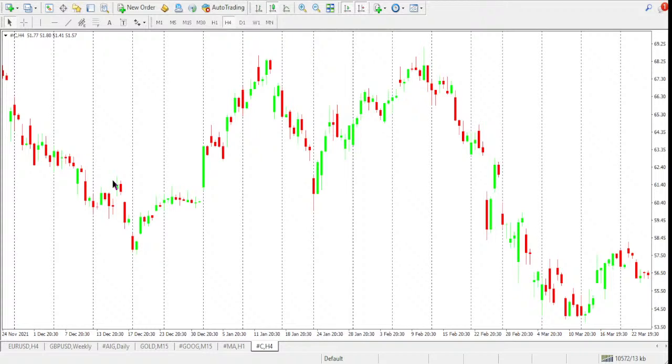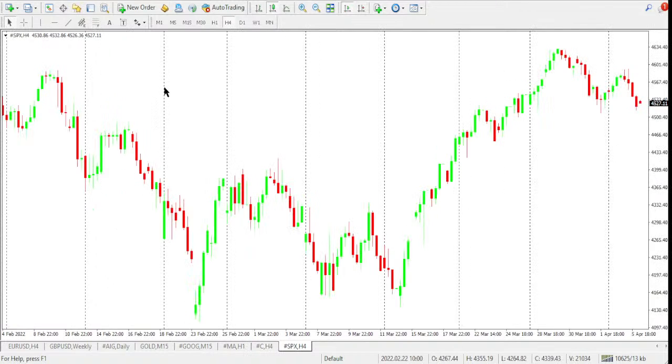So let us look at SP500 instead. Let's load the chart for SP500. In just a second, we should be having it here.